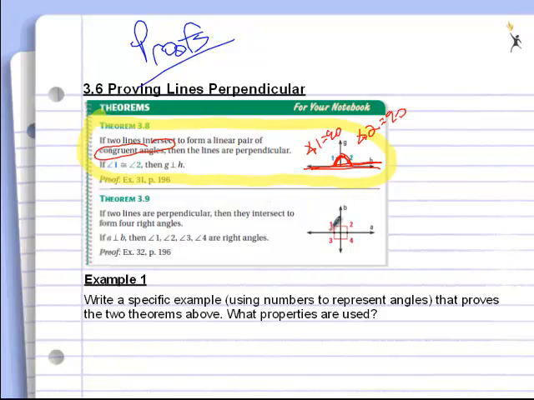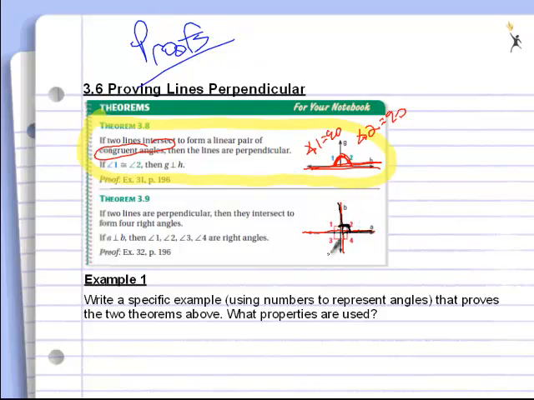The following theorem just says that if you have two perpendicular lines intersect, that was a horrible drawing, excuse me. If you have two lines that intersect, like A and B, they intersect to form a right angle, like angle 2.